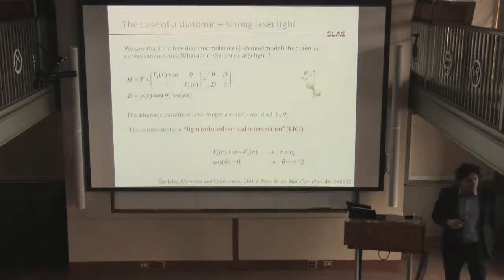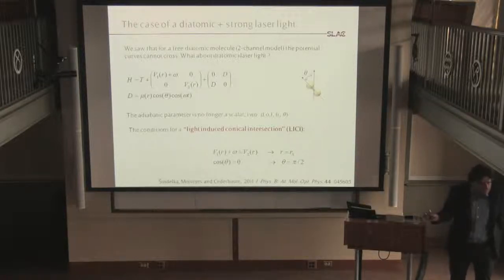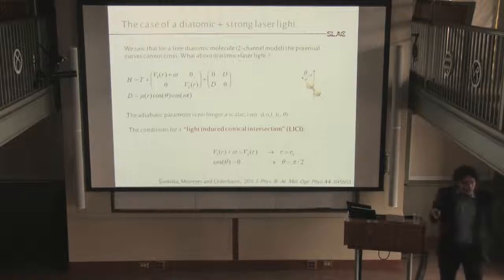So let's talk about diatomic molecules. In free diatomic molecules, this is impossible. But now, what about diatomic molecules in strong laser fields? They're no longer free in that sense. So I still use the same two-channel 2x2 matrix, and I now use the Floquet approximation. So we dress one level with a photon versus the other.